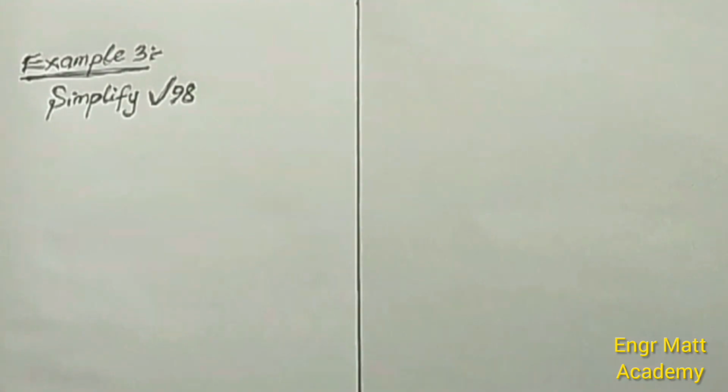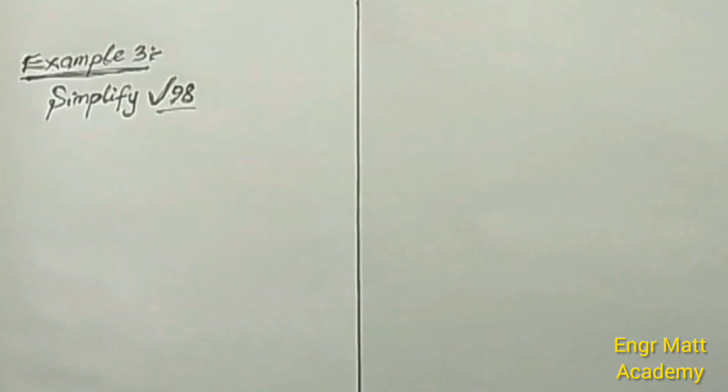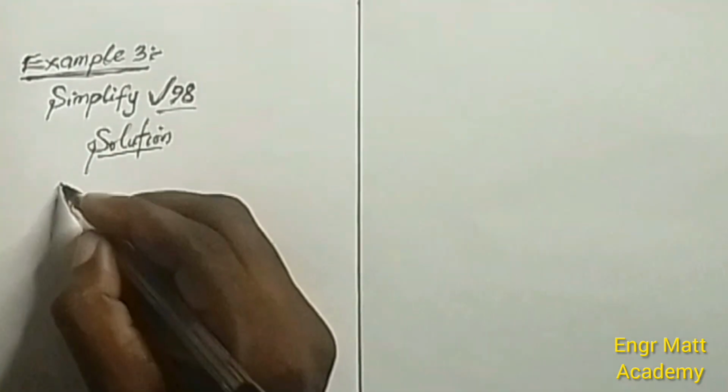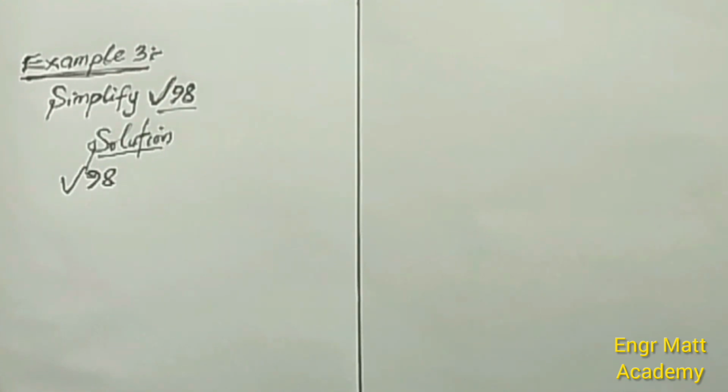Alright, example 3 says we should simplify root 98. So let's do the solution. The number once again is root 98. So the first step is to split root 98 to 2 of its factors. Remember, one of the factors must be the largest perfect square.